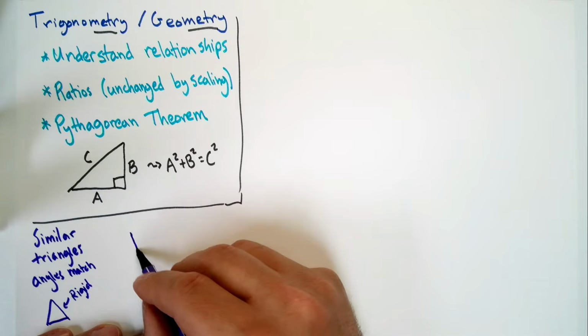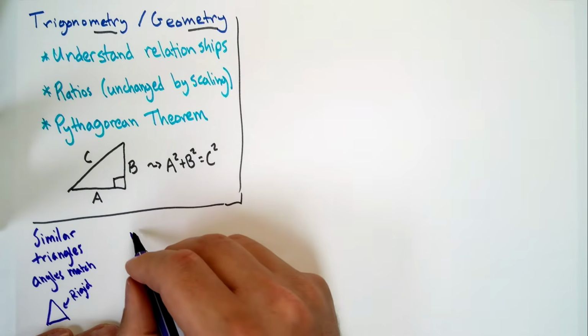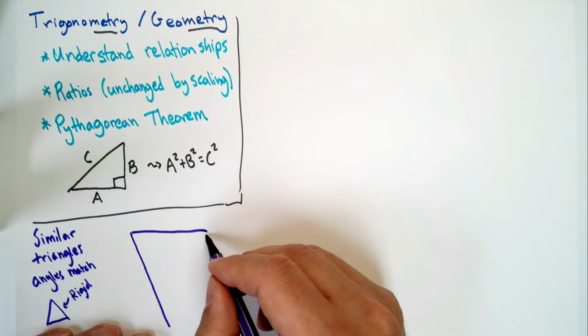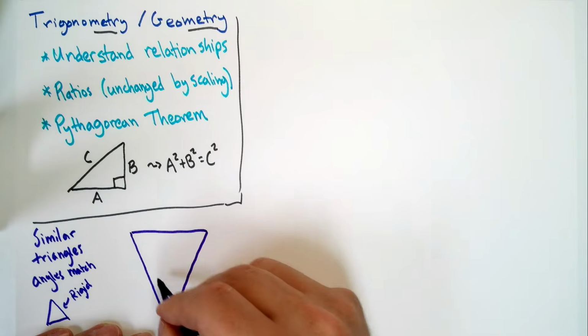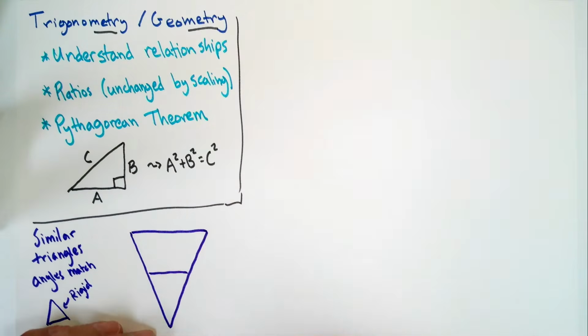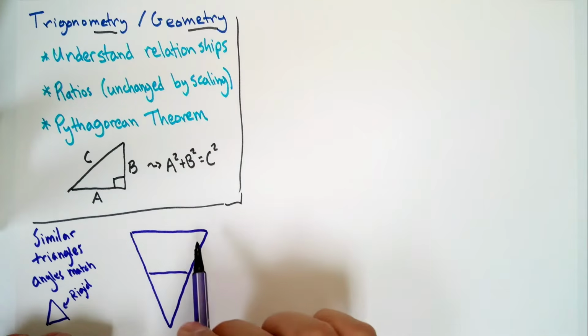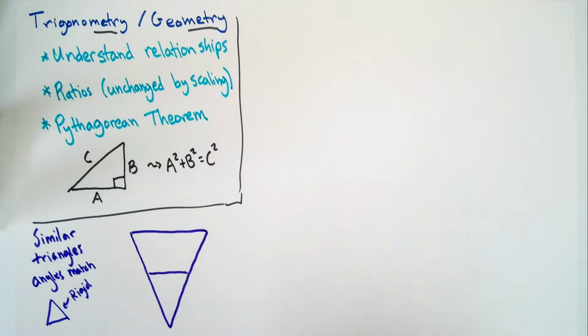All right, so similar triangles. Here's an example of something that you might see, where you say, okay, I have two triangles, and maybe they're like this. So these two sides are parallel, which means, of course, that our angles are the same, and so they are, up to scale, the same.